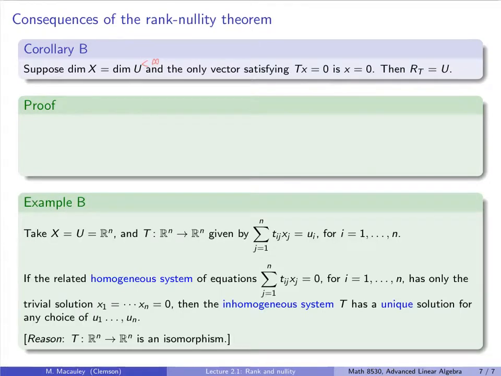Let's also apply this to a system of equations. Something that you may remember from your undergraduate linear algebra course is that in any system Ax equals b, the general solution is going to be of the form the homogeneous solution plus any particular solution. In this particular case, the homogeneous solution is just the null space of A, and xp is any solution you can find.